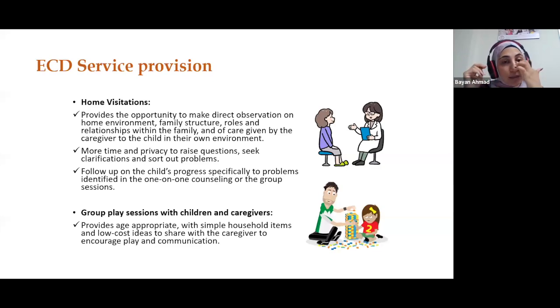It also gives more time and privacy for the caregivers to raise questions, seek clarifications, and sort out some problems. It also allows the counselor to follow up on the child's progress, specifically the problems identified during the one-on-one counseling or the group counseling done in the ECD corner.